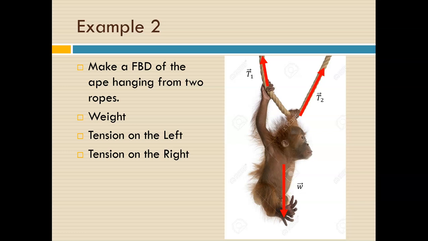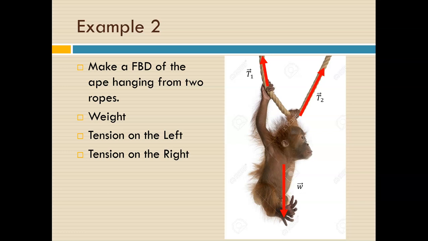T1 is pulling to the left, T2 is pointing to the right. If the ape is not accelerating, then those two have to cancel each other out, don't they? Which means T1 is probably too short. You see what I mean? Now, we would find this out as we actually do our calculations, but the angles we would be able to see from the diagram, yes?